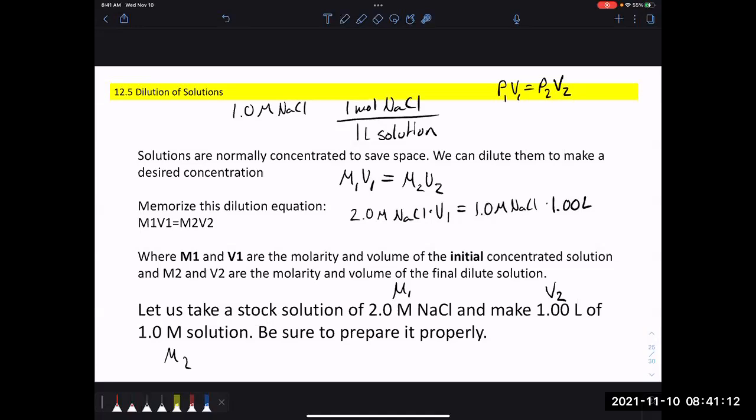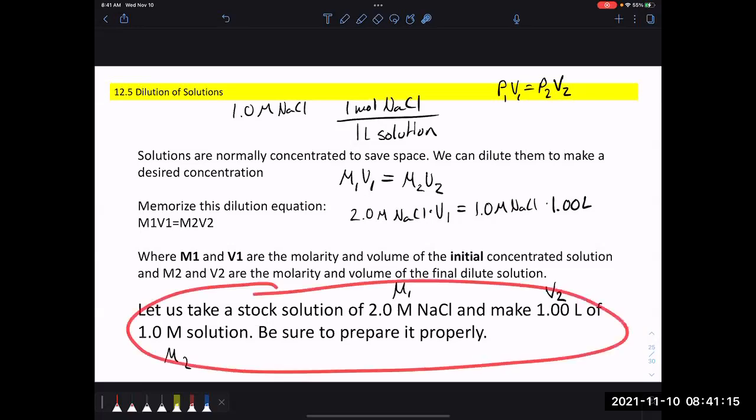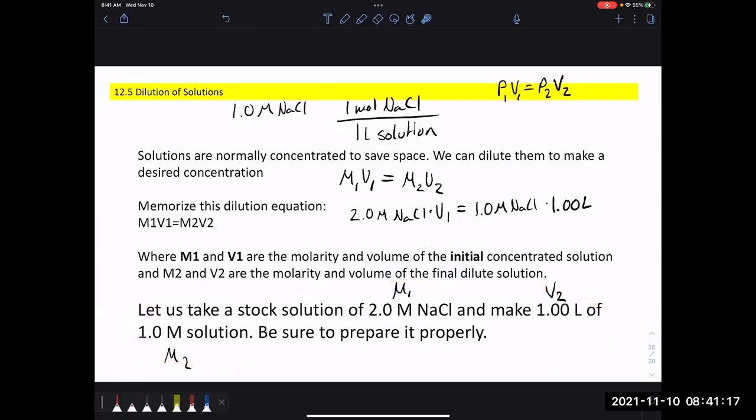So really the question that's sort of hidden inside of this question is, how much of our 2 molar solution do we need to add to make this 1 liter of 1 molar solution? So we can just use a little algebra. I don't have much space here, so I'm not going to show too many steps. On this side, it's going to be 1, and then we're going to have 2 V1, and then we can divide by 2 on both sides.